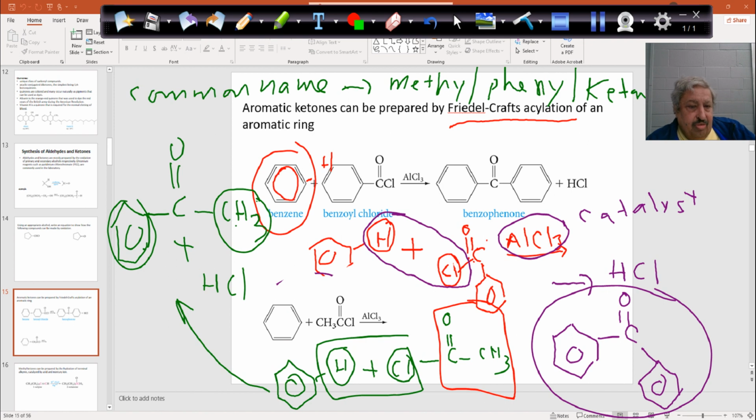This is 2 carbons, and the phenyl group cannot be a substituent, so it will be, if you call it ethanol, like 1 phenyl ethanol, 1 phenyl ethanol. That can be, but it's not really used. So you'll see those types of reactions yielding a lot of common names rather than IUPAC names, correct?